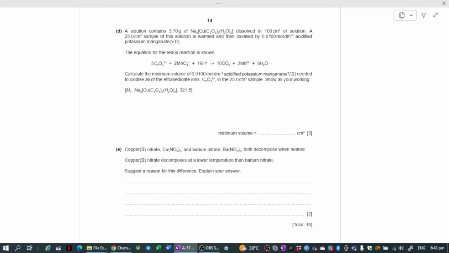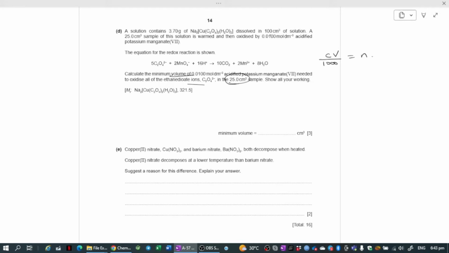Calculate the minimum volume of acidified permanganate needed to oxidize all of the ethane dioate ions in the 25 cubic centimeter sample. Right, so we should know that the concentration on 1,000 multiplied by volume gives you the number of moles. Right, so we need to work out the number of moles of permanganate required. So first we need to work out the number of moles of ethane dioate.